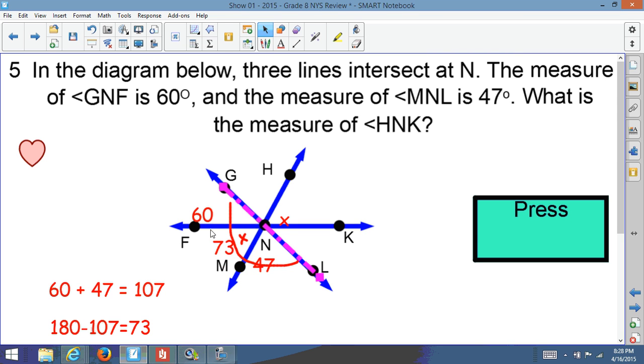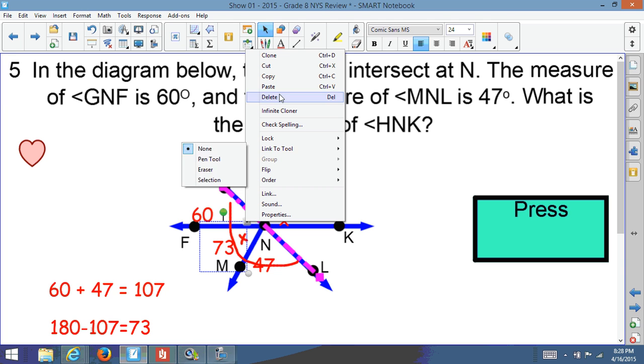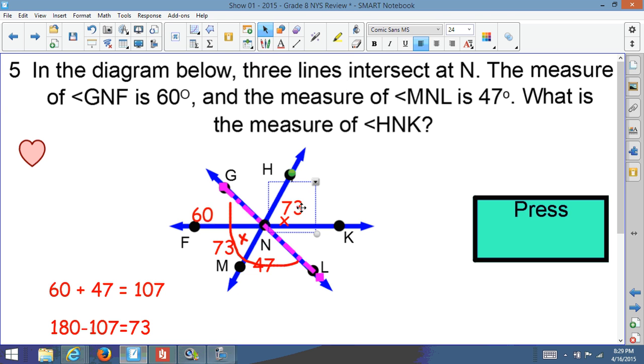And I have all 3 angles here, but they said we had to find this angle. But if you remember, we have vertical angles, and vertical angles are opposite angles. So that means opposite angles are congruent, or equal to each other. So since this is 73, let's clone it. Its opposite is also equal to 73.